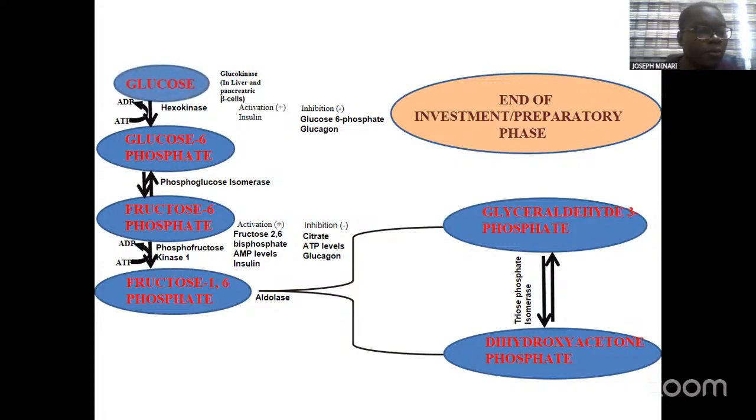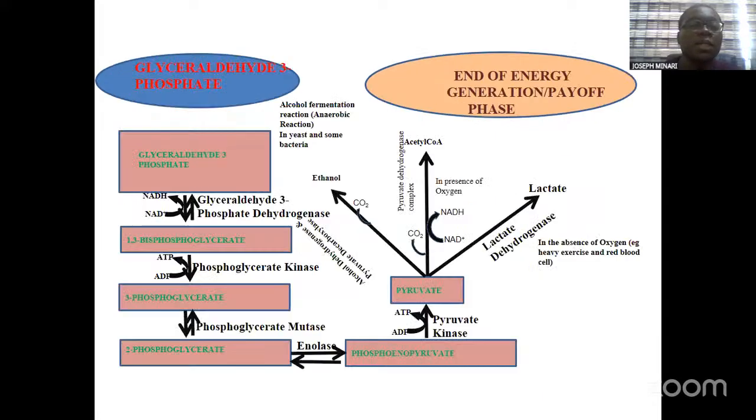So in overview, we said glucose goes to glucose phosphate, glucose phosphate to fructose phosphate, fructose phosphate to fructose 1,6-bisphosphate, and that is broken down to glyceraldehyde 3-phosphate and dihydroxyacetone phosphate. Glyceraldehyde 3-phosphate moves to 1,3-bisphosphoglycerate. 1,3-bisphosphoglycerate goes to 3-phosphoglycerate, 3-phosphoglycerate goes to 2-phosphoglycerate, 2-phosphoglycerate goes to phosphoenolpyruvate, and phosphoenolpyruvate to pyruvate.